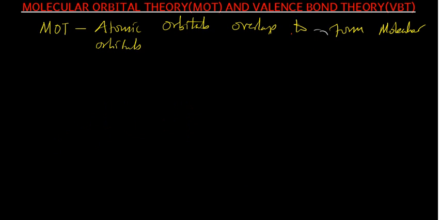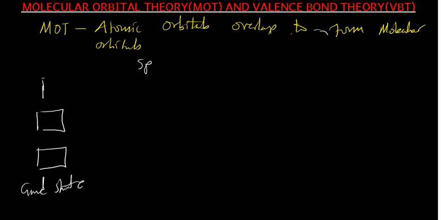When it comes to sp hybridization, first we have got carbon in its ground state. So we have got this as the 1s, this as the 2s, and this as the 2p. I'm not even supposed to be showing the 1s because it is not involved in chemical bonding.